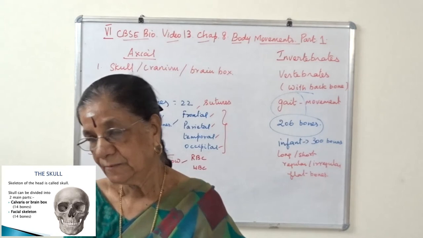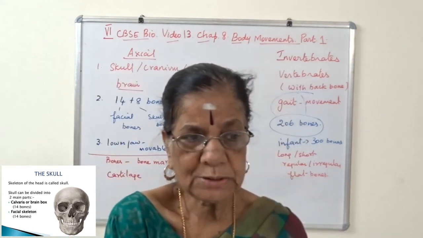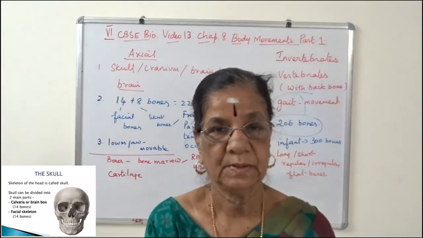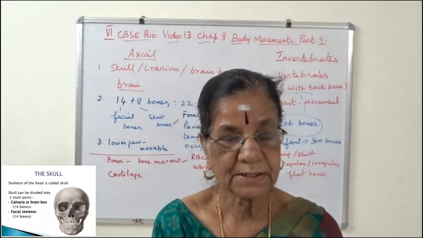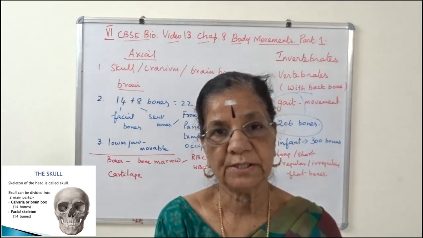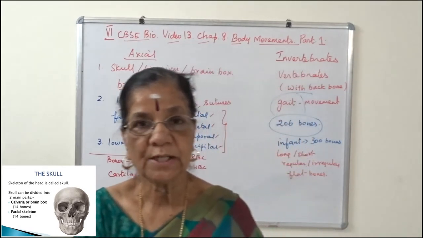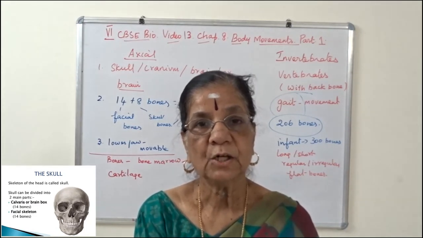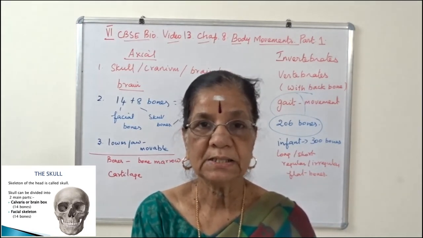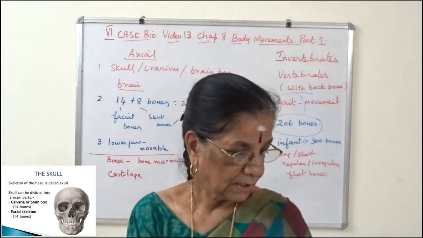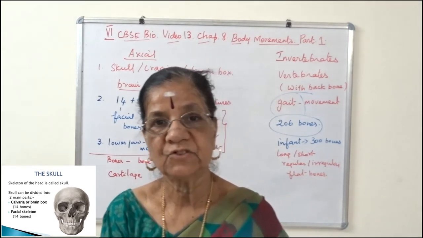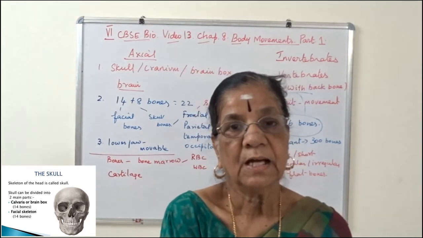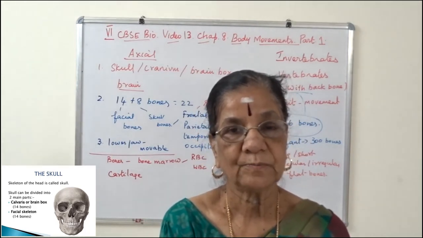When two bones meet, that place is called a joint. Some of these joints show movement, they are movable joints. Others will not, they are immovable joints. So the skull is an immovable joint except the lower jaw.